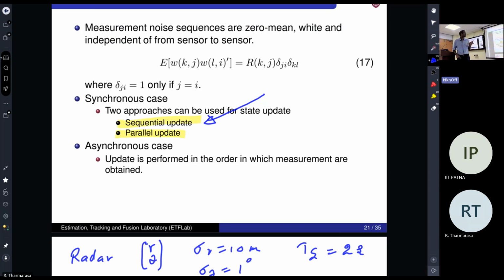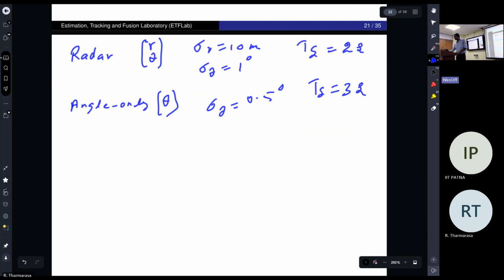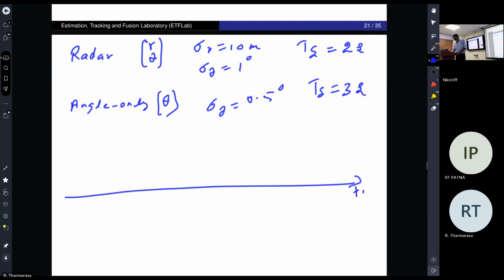Okay, so first of all, let's talk about synchronous versus asynchronous. Synchronous case and asynchronous case. Synchronous case means, if you think about a time axis, this is time. Say sensor one produces the measurements here.